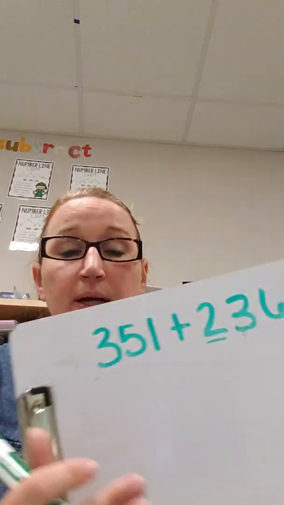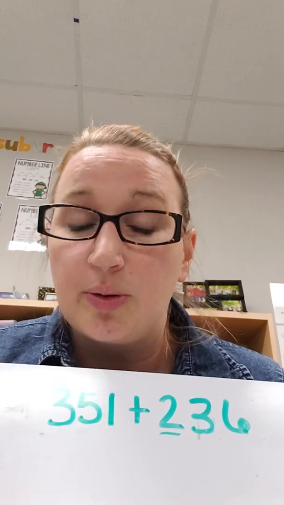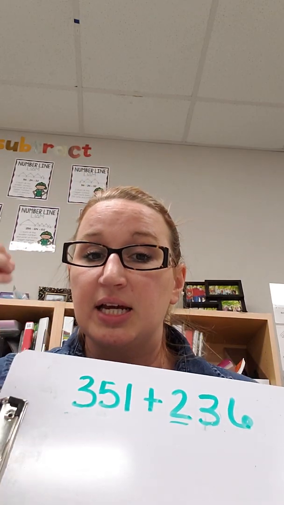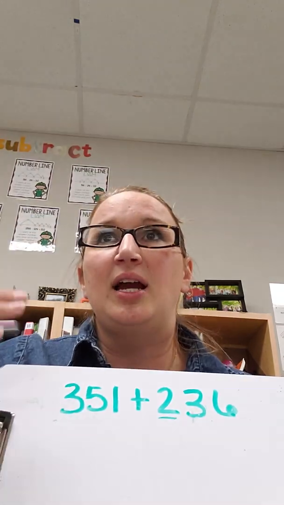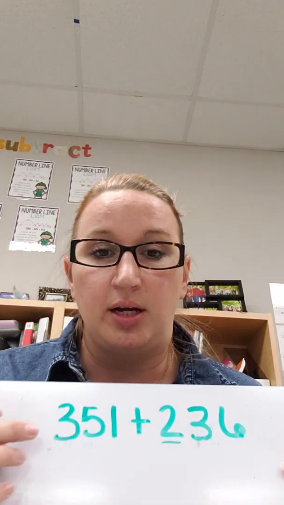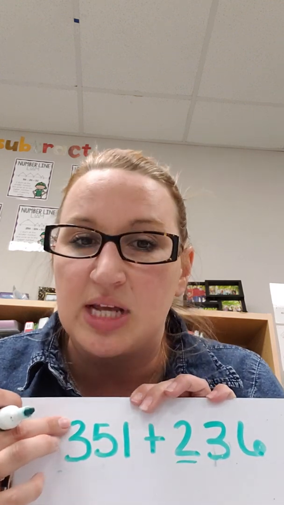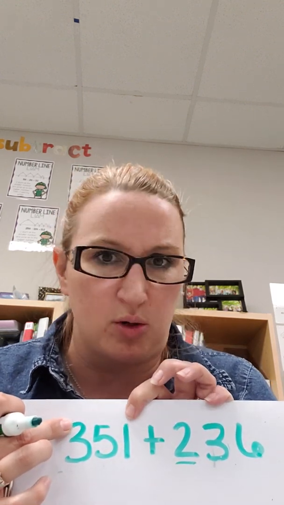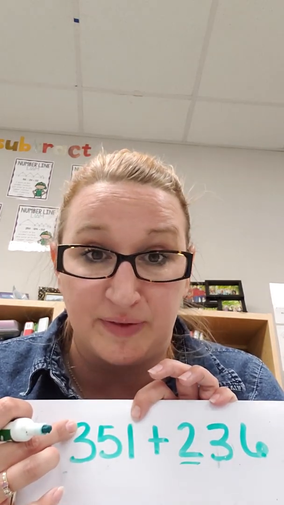So I'm going to use the same equation, but I'm going to solve it using compensation. Now remember, to compensate is to find a different number close that I can go back and forth on as far as an easier number to work with, because sometimes working with zeros is way easier than working with anything above a 0.